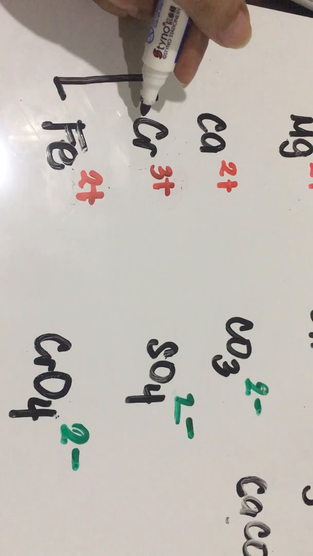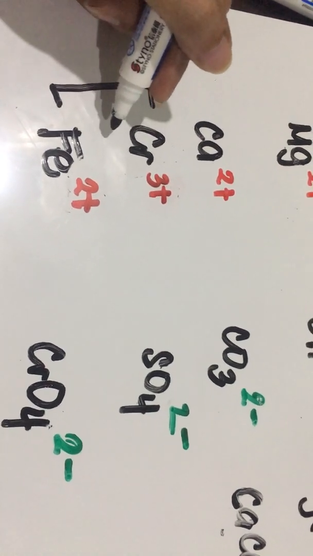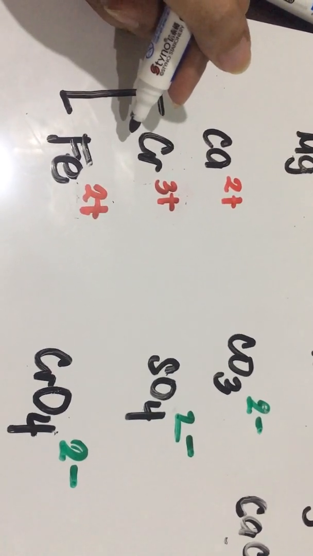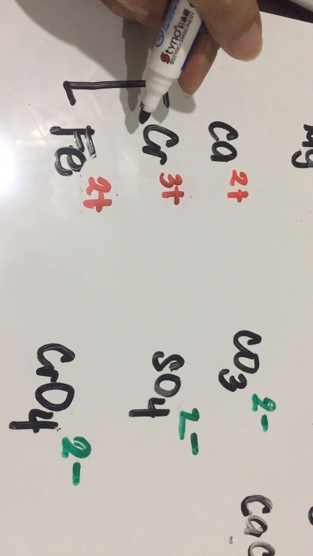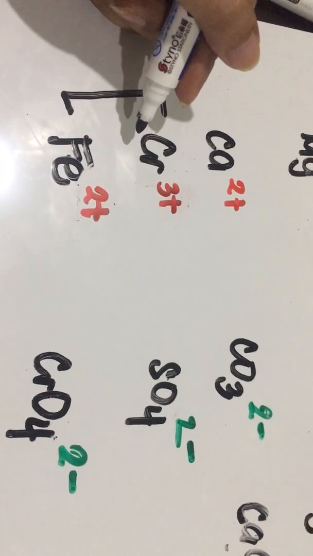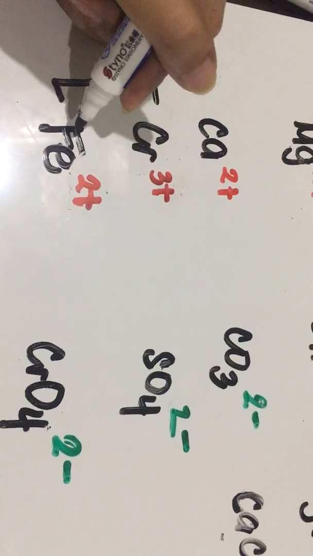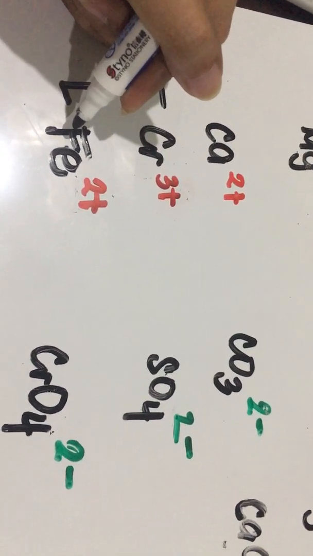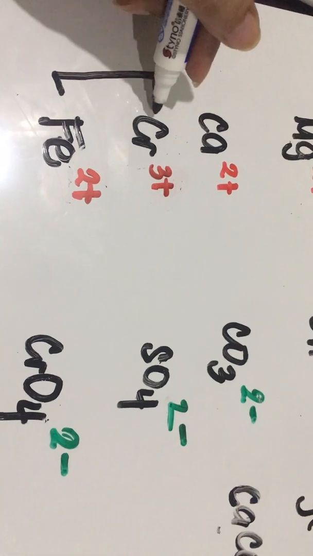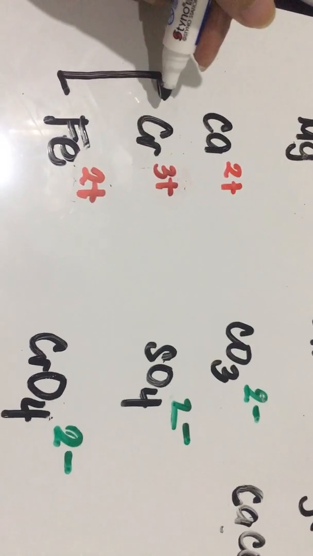Alright, so for example, chromium and iron belong to the d block, so they usually have the charge plus 2 or plus 3, plus 4 for chromium, plus 6 even, and then iron can exist as plus 2 and plus 3. Okay, so these are atoms with variable charges.